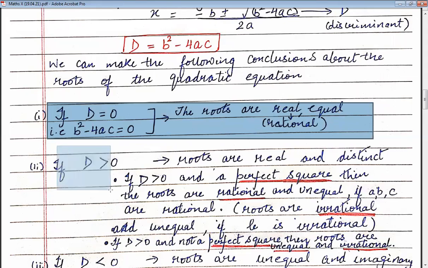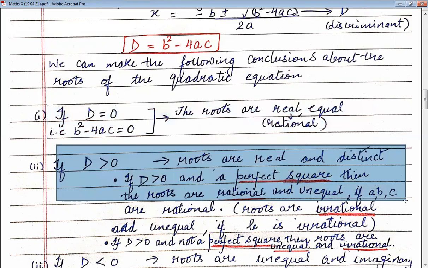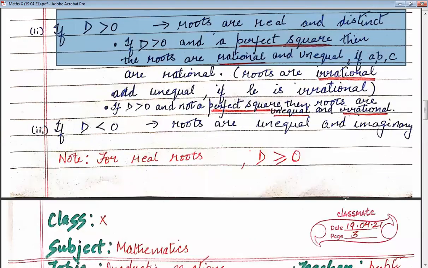And if d is greater than 0, then the roots are real and distinct. If it is a perfect square, then it will be rational and unequal if a, b, c are rational. So these are the conditions when you will have real roots.